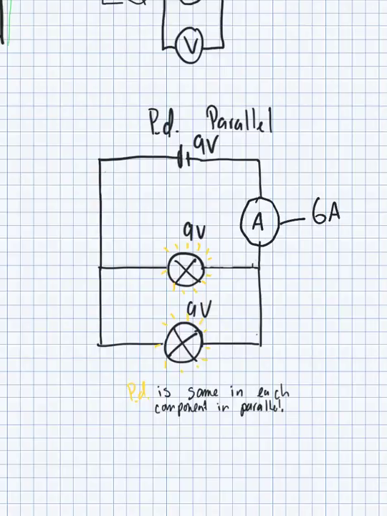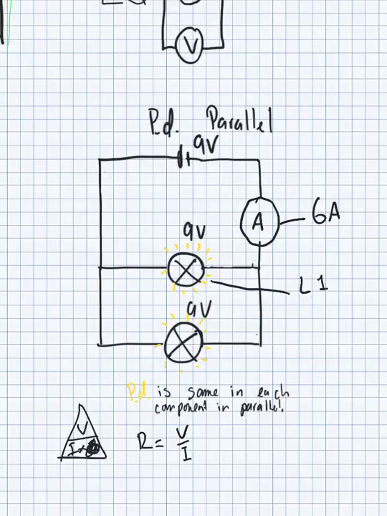I'm going to ask you to calculate the resistance of lamp number 1. So remember the formula that we need to use. Let's get our formula triangle, VIR. We want to calculate resistance, so we cover that up, which leaves us with R equals V over I. So resistance equals the potential difference, or the voltage, divided by the current.